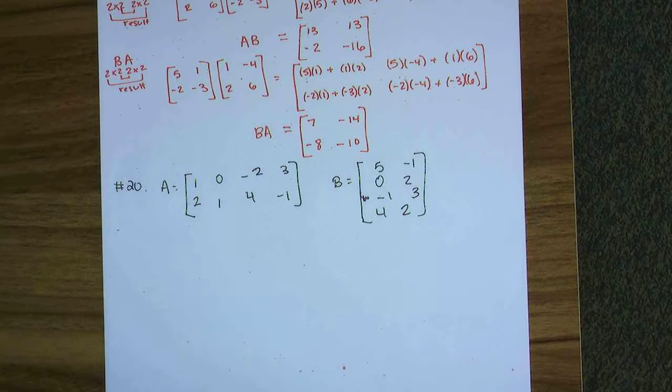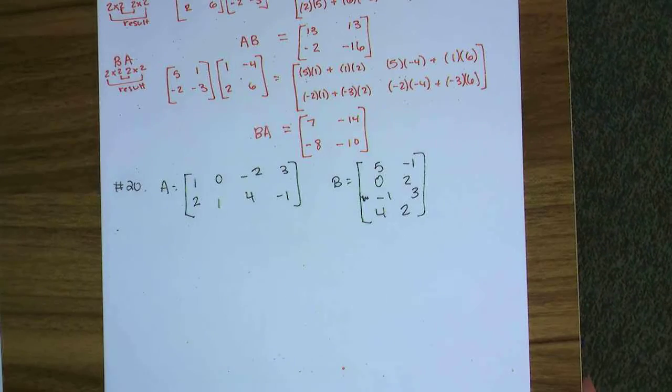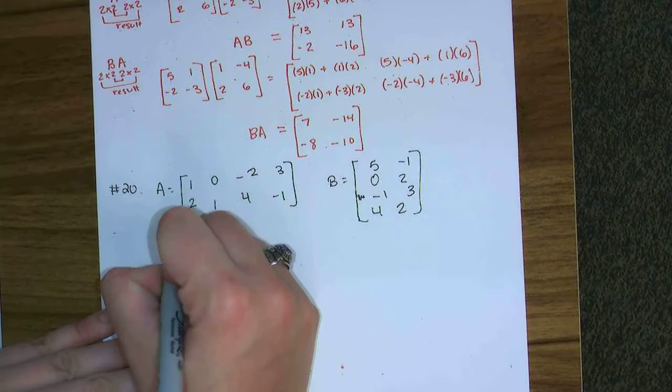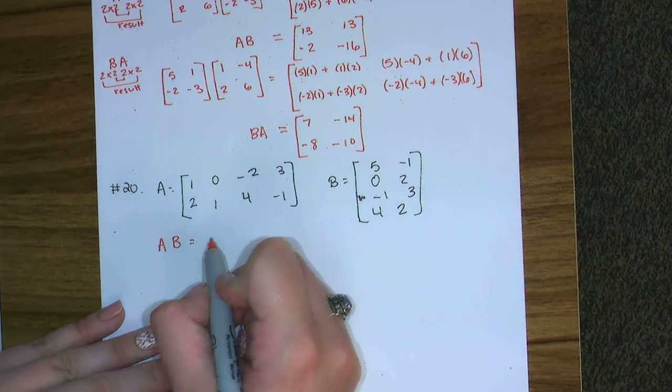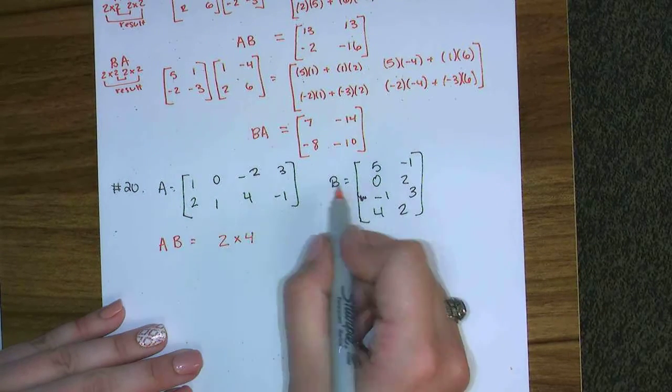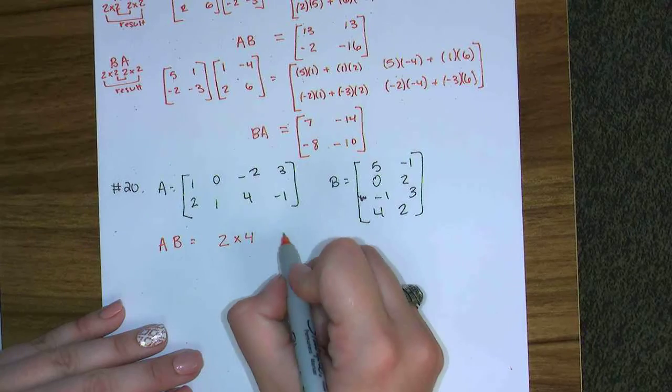Alright, so what you're going to do with one like this is you are going to just tell me what the two possibilities are, and then you're going to do it on a calculator. So the first thing you should do is say, because we're doing A times B first, this is a 2 rows by 4 columns, and this is 1, 2, 3, 4 rows by 2 columns, so 4 by 2.